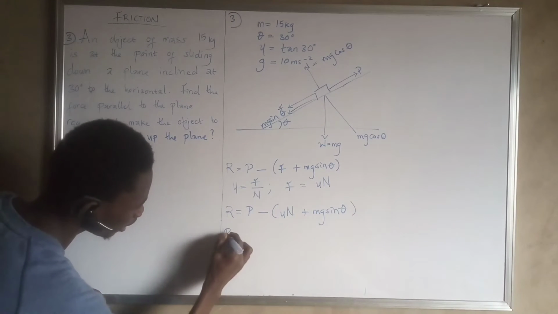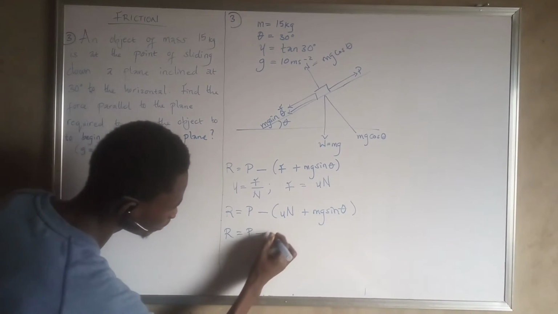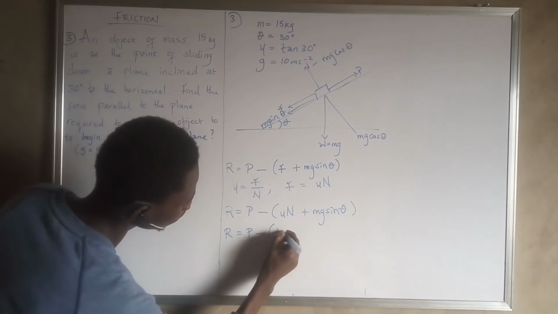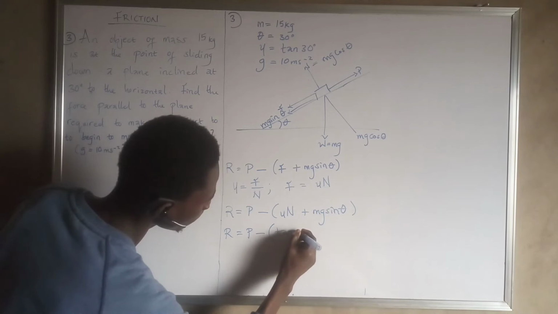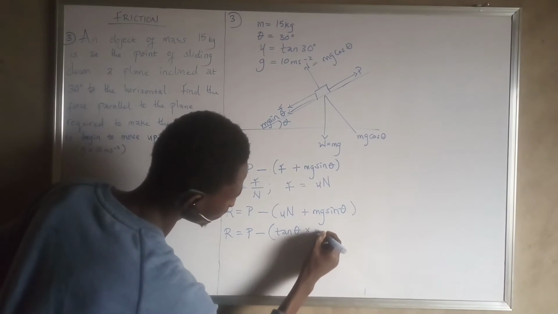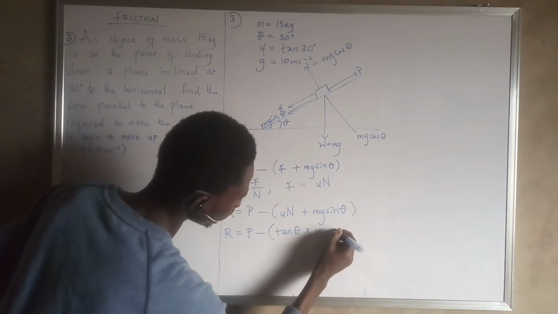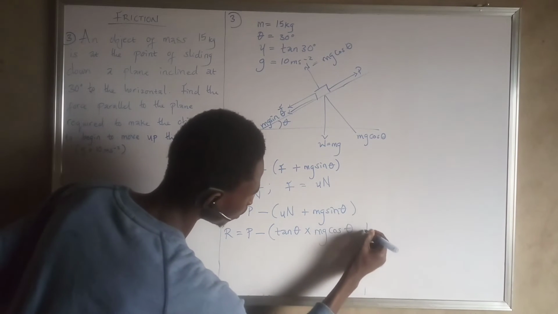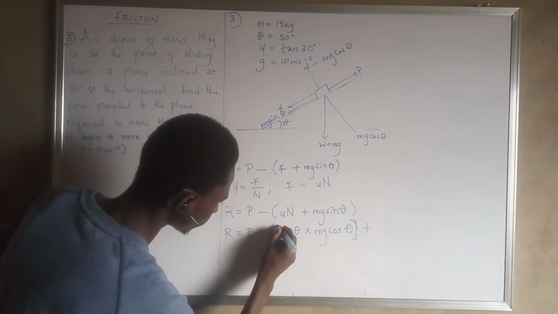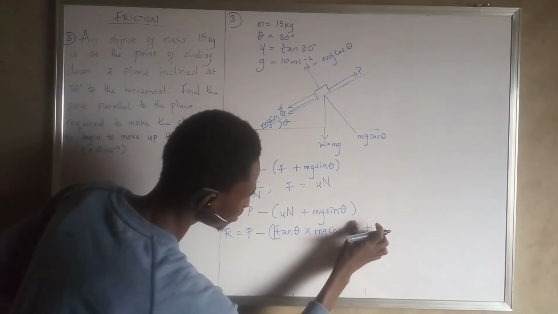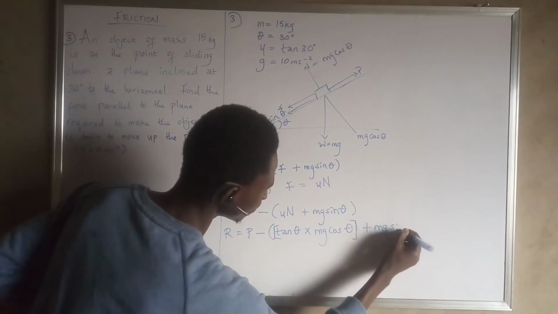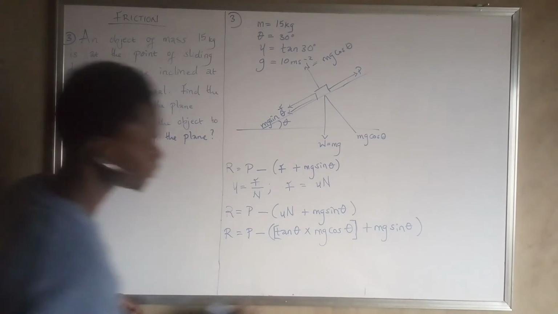Then R is equal to P minus U, where U is equal to tan theta, times normal reaction mg cos theta, plus mg sine theta.